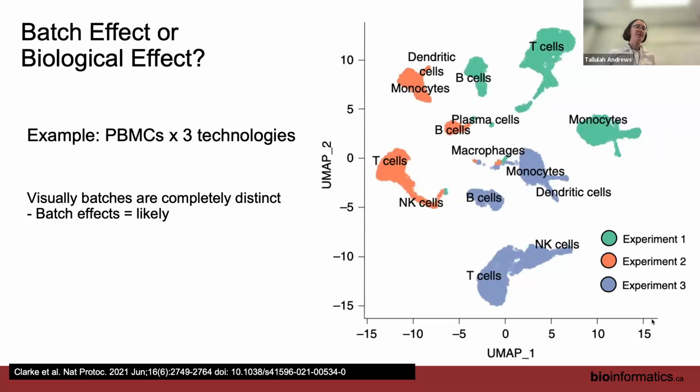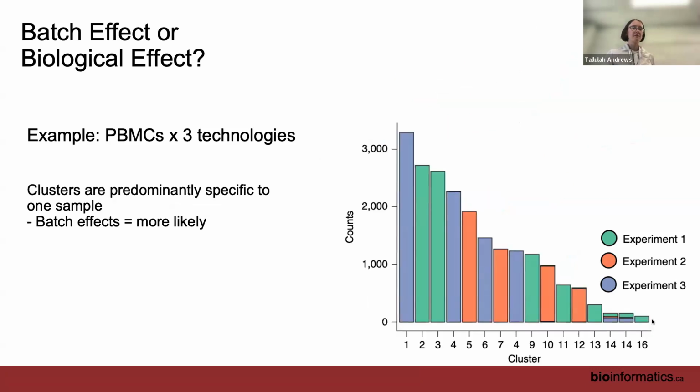Whereas if we look at our PBMC data set, here visually, the batches are completely distinct from each other for all of the cell types, meaning batch effects are likely in this case. If we look at the contribution of each sample to each cluster, we can see that almost all clusters are unique to a single data set or a single sample, again meaning batch effect is more likely to be the explanation.